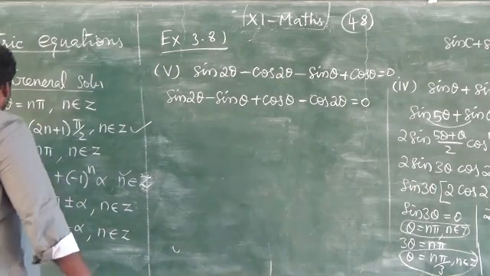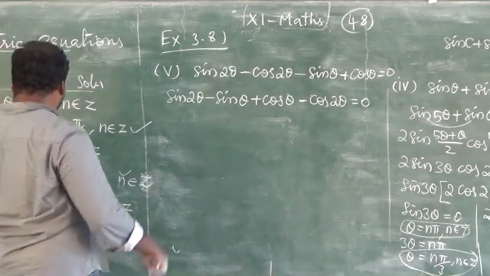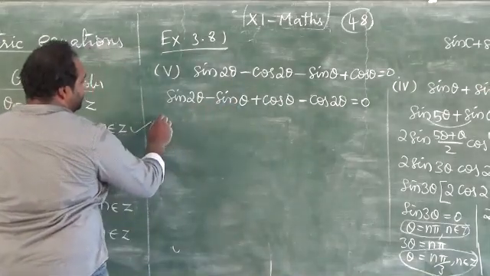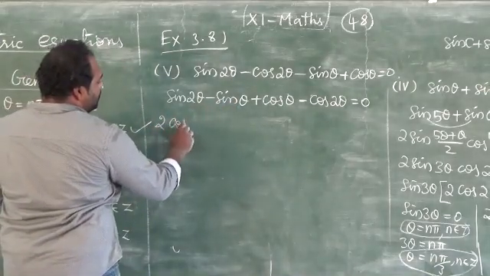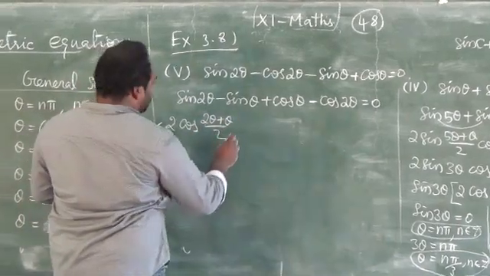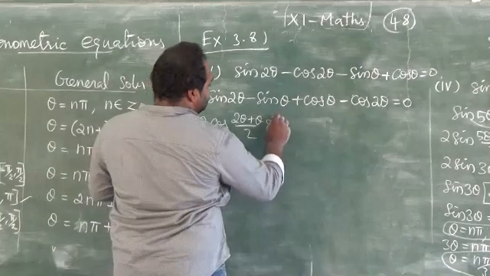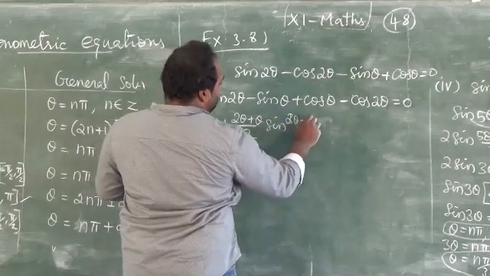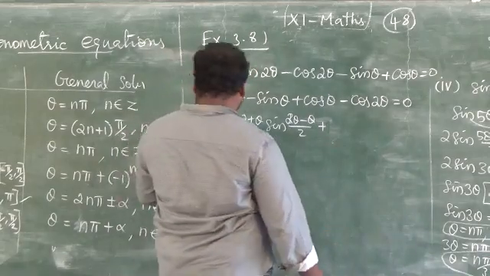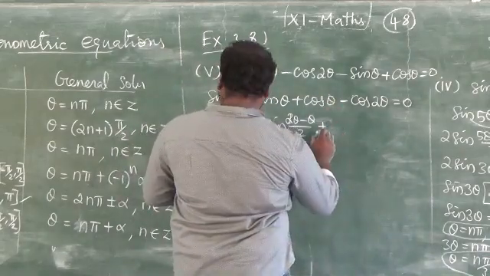Here, the sin C minus sin D formula is already given: 2 cos of (2 theta plus theta) by 2 and then sin of (2 theta minus theta) by 2, plus the cos C minus cos D formula.